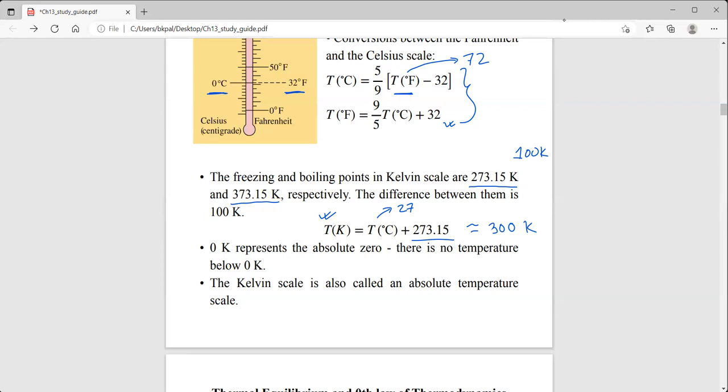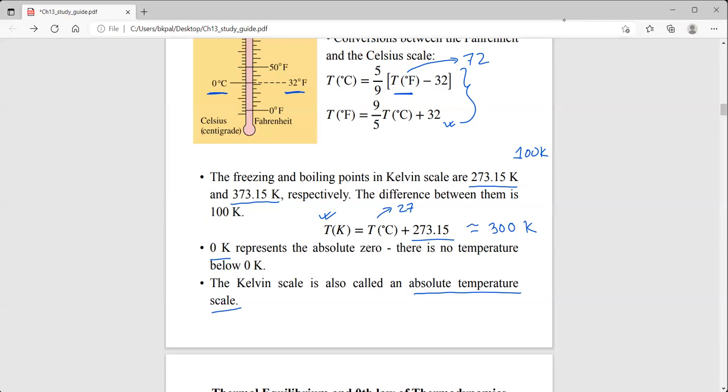Okay. All right, so the Kelvin scale is also called the absolute temperature scale. Okay, and 0 Kelvin is absolute zero. That means below 0 Kelvin there is no temperature. Okay, so 0 Kelvin is the lowest possible temperature.